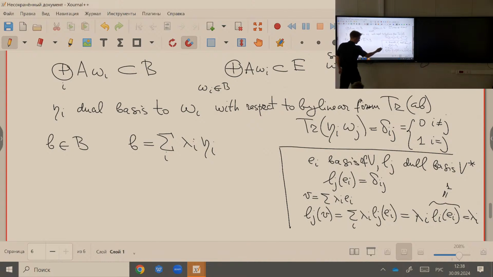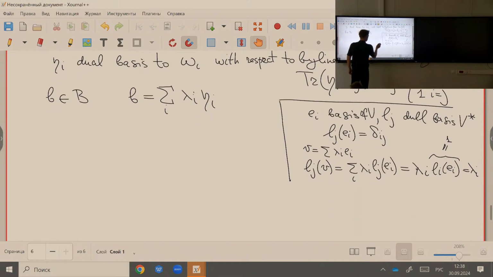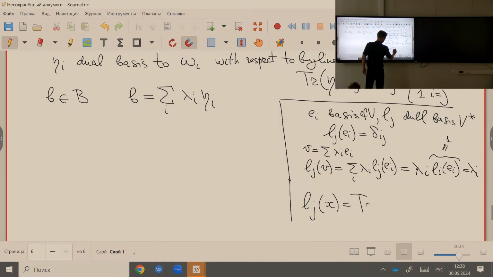In our situation, L_j of x is equal to the trace of multiplying by the dual basis element, so here omega plays the role. So L_j is obtained by the functional that looks like multiplication by omega_j and taking the trace. Yeah?